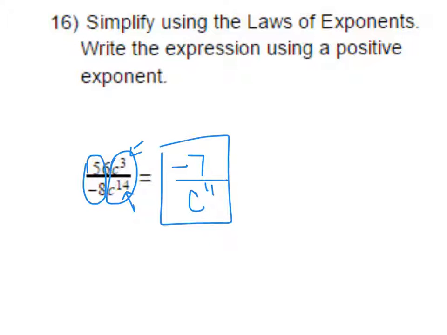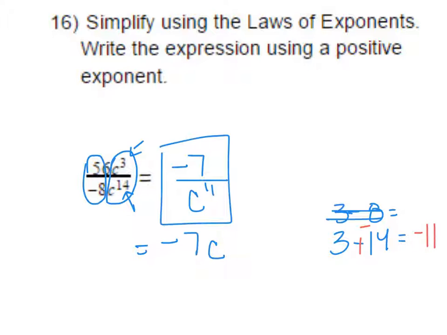If I were to do this using the division rule, I would end up with negative 7 times c to the 3 minus 14. So I'm going to do keep, change, and get negative 11. So my exponent is negative 11.